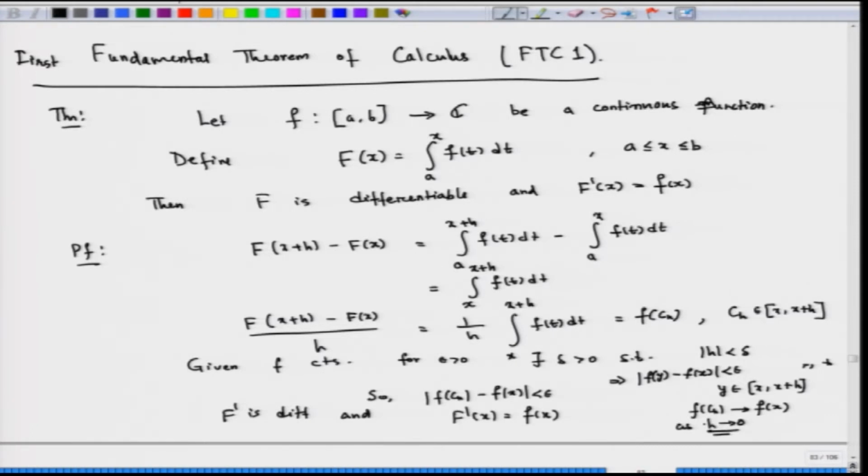Rather, limit h goes to 0 of f of c_h is equal to f of x. So, what you are going to get is that F prime of x is equal to f of x.